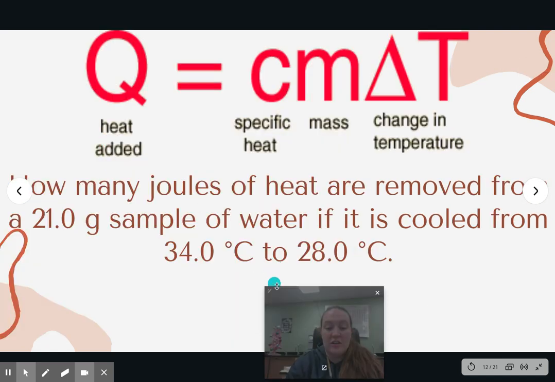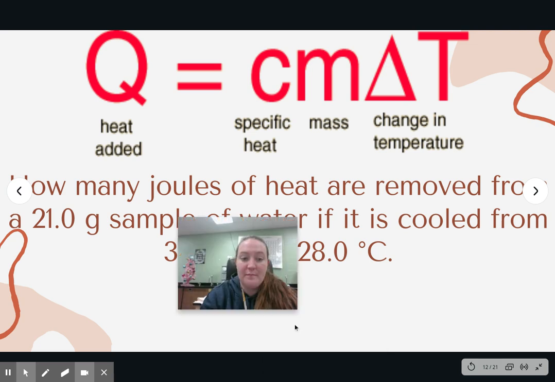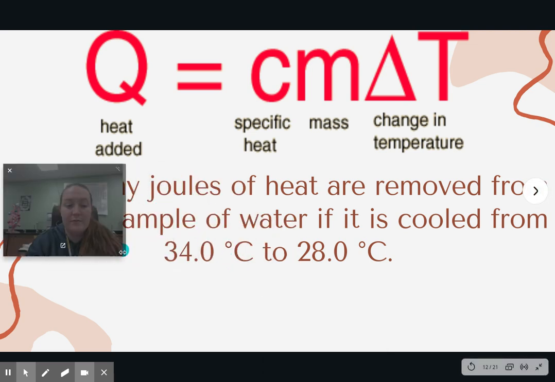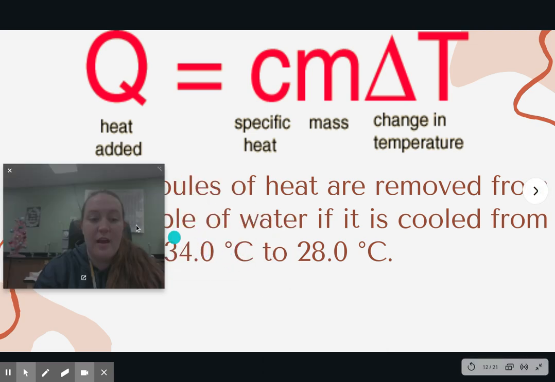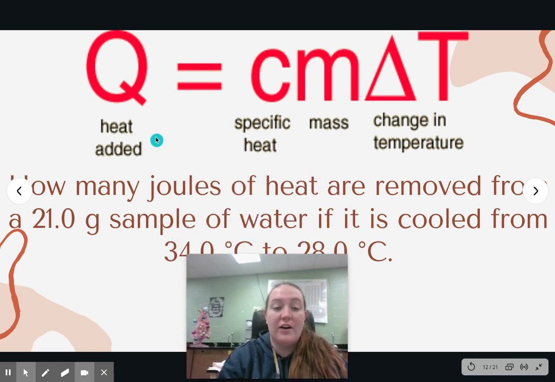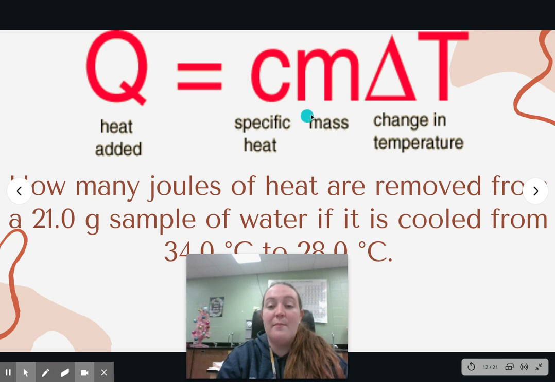This is your equation. So everybody look at this before we do this math problem, okay? This right here, it says Q equals CM delta T. This thing is called a delta. It really just means change. So this delta T means change in temperature.